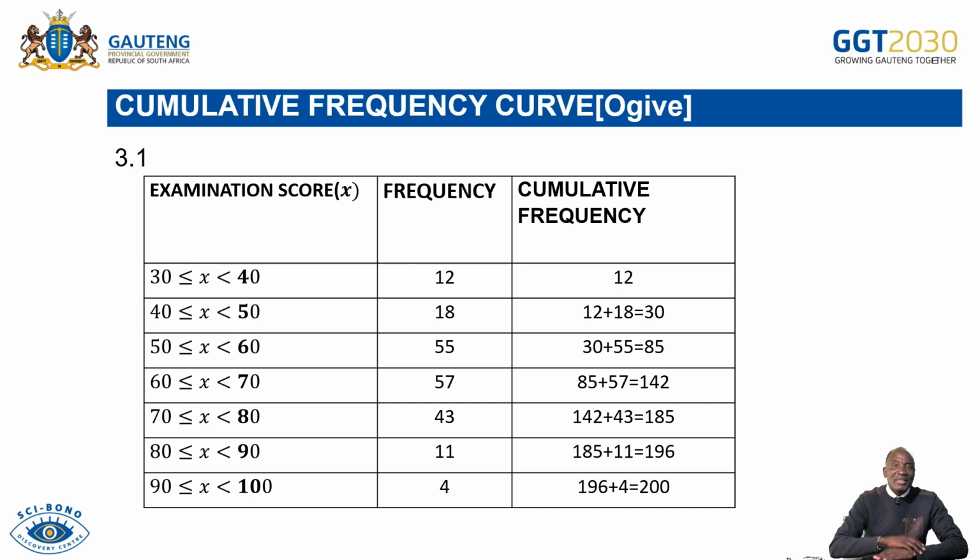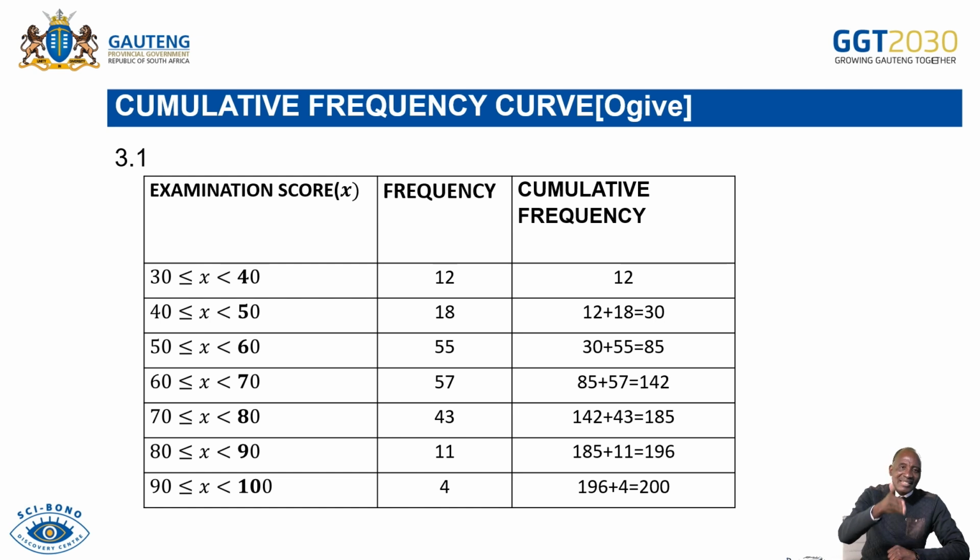We are going to take all the frequencies that we saw on our histogram and transfer them, and likewise we are going to take the first 12. It becomes our first 12 on the other side. We keep on adding until we get to 200. So it indicates to us that there were 200 participants in this particular distribution.